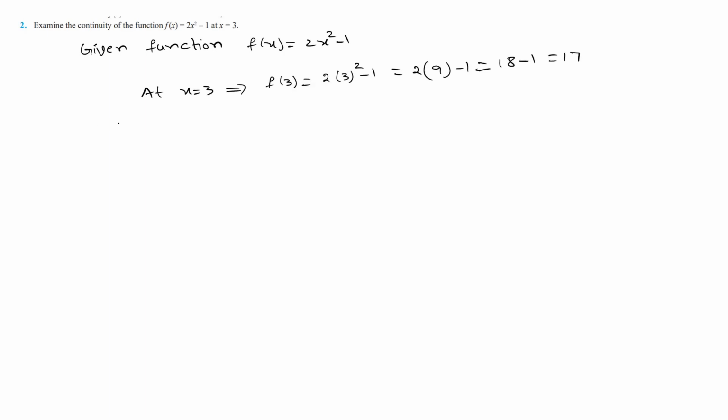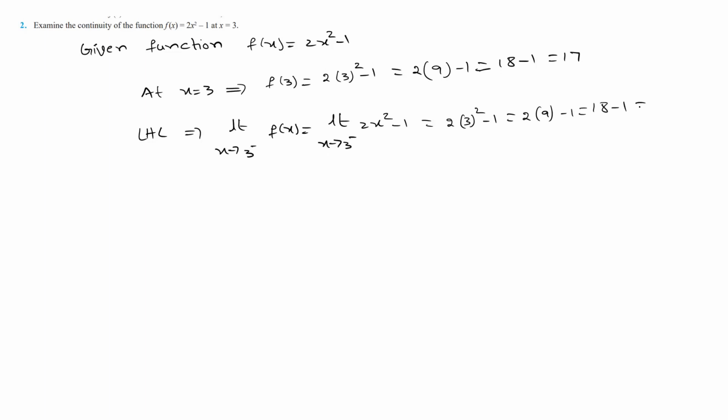Next, left hand limit. LHL will be limit x tends to 3 minus f of x is equal to limit x tends to 3 minus, f of x is 2x square minus 1, is equal to 2 into 3 square minus 1. So 2 into 3 square is 9 minus 1 is also nothing but 18 minus 1 is equal to 17 here.